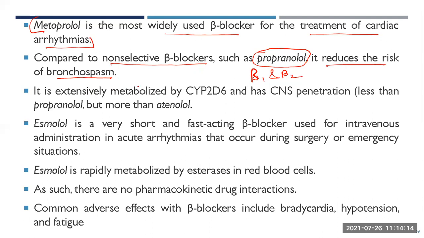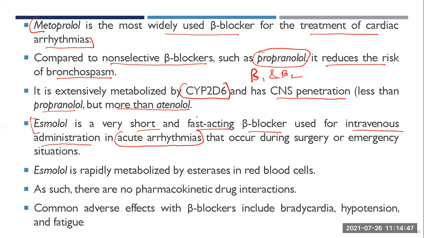Metoprolol is extensively metabolized by CYP2D6, and also it has CNS penetration. But this CNS penetration is less than propranolol, though more than atenolol. Next drug is esmolol. It is a very short and fast acting beta blocker and is used for intravenous administration in acute arrhythmias.